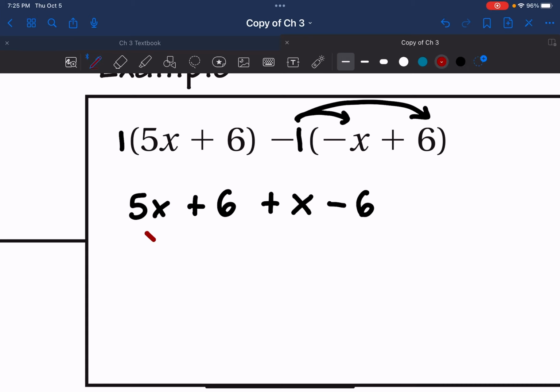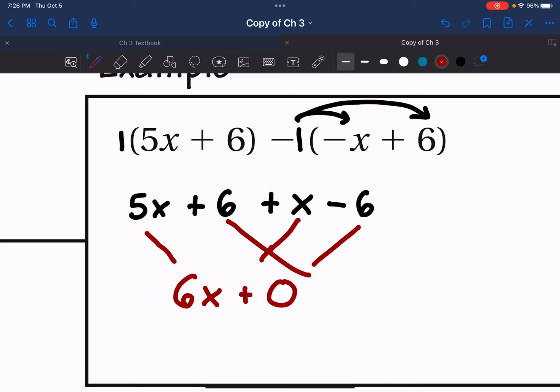I've got a 5x and an x. They're both positive, so let's just add them. That's 6x. I've got a 6 and a negative 6. Those are opposites, which means it just turns into 0, right? But now, if I say plus 0, that seems a little silly because anything plus 0, you're not adding anything to it, right? So my final answer is 6x.